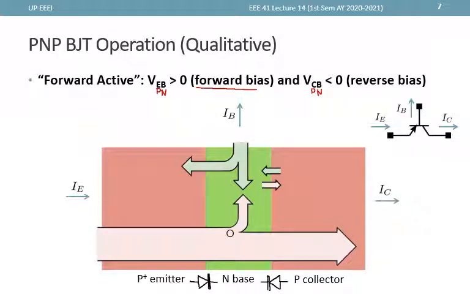So this will be the case, or the voltage, so that we can reverse bias the collector junction. Now, in this figure, note also how the currents are defined. IE is going in, IB is going out, IC is going out, and that is consistent with our notation for the PNP symbol.